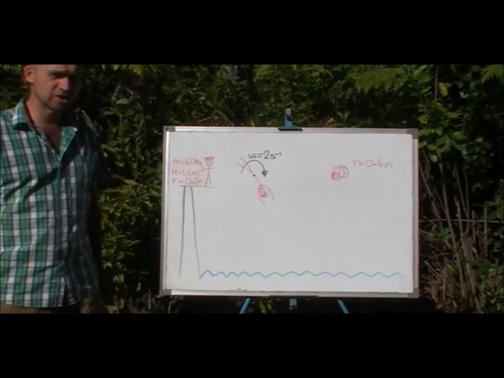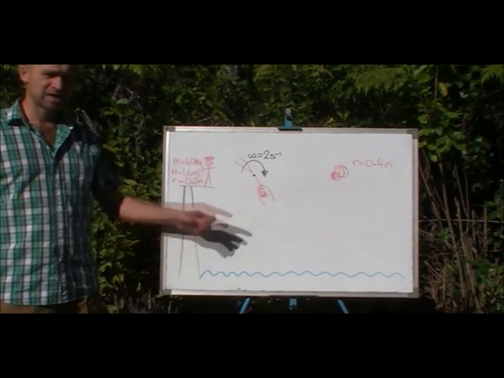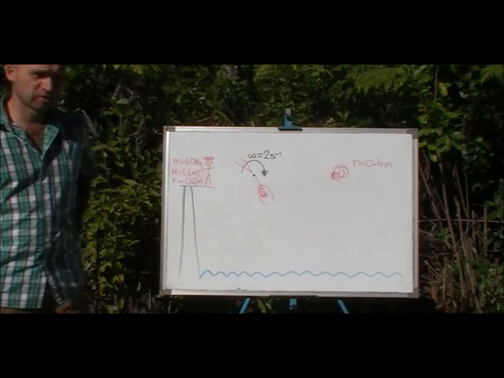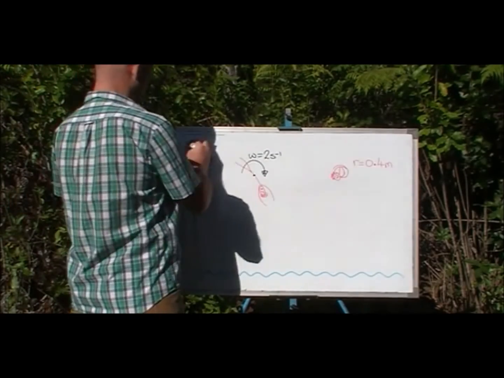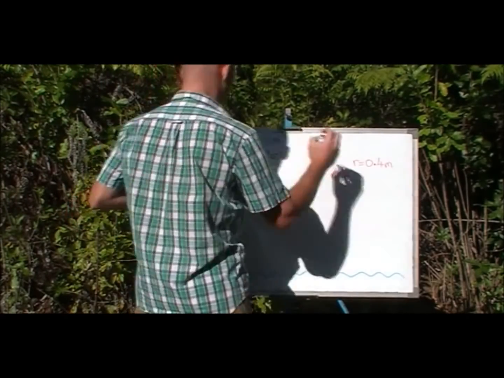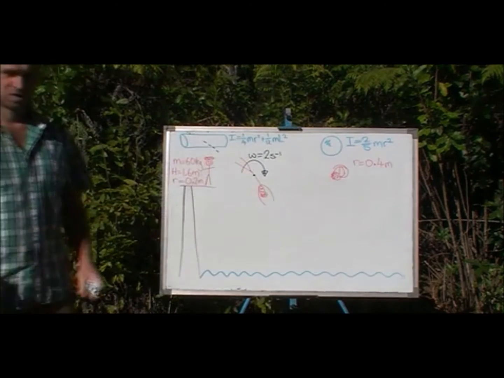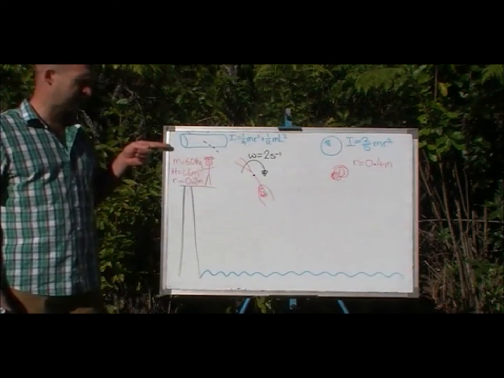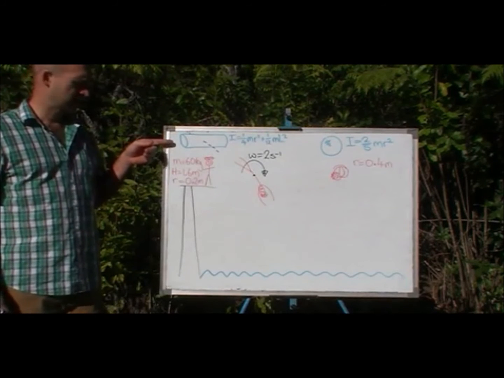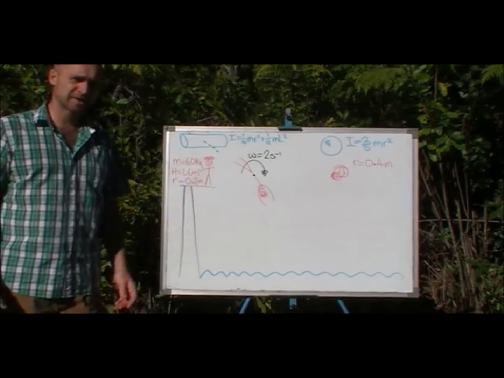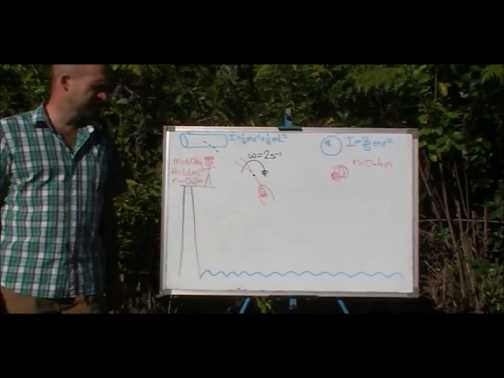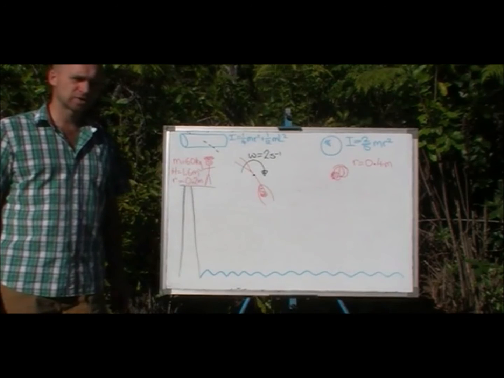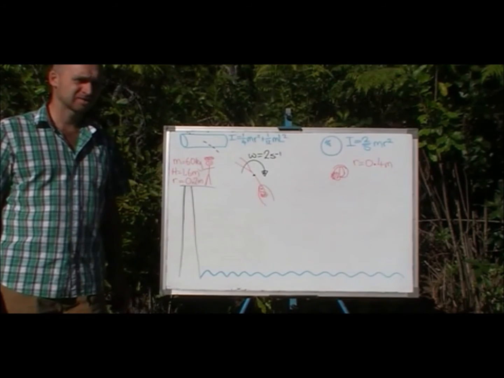Now I'm going to give you the inertia of a cylinder and the inertia of a ball to help you solve this problem. A cylinder rotating about an axis that goes through the round part of the cylinder, right through the center there, is 1/4 mr squared plus 1/12 ml squared.